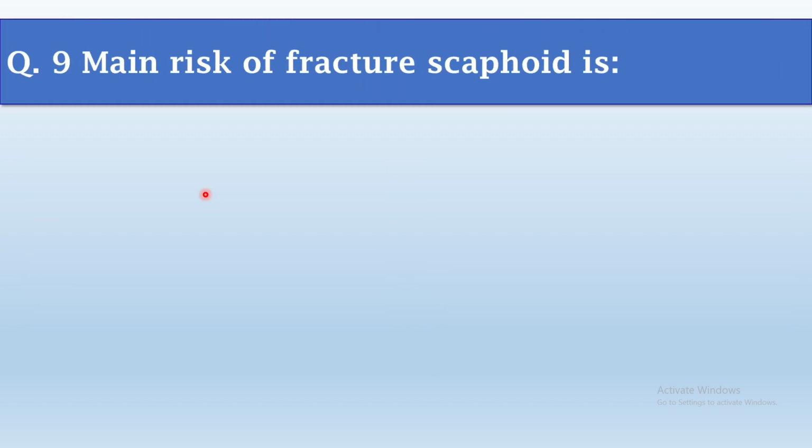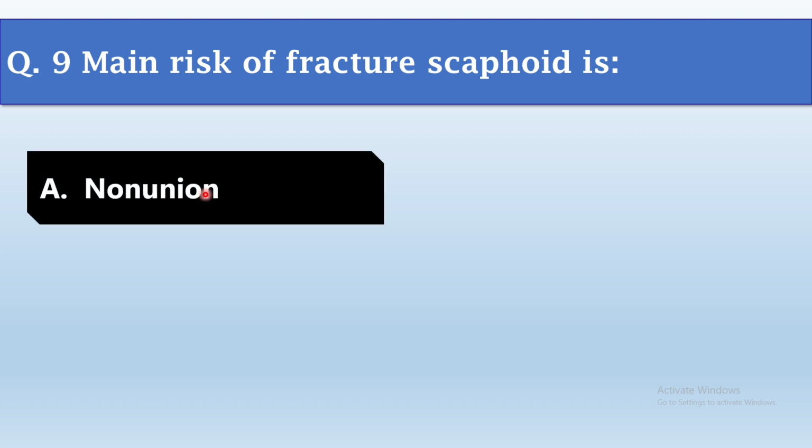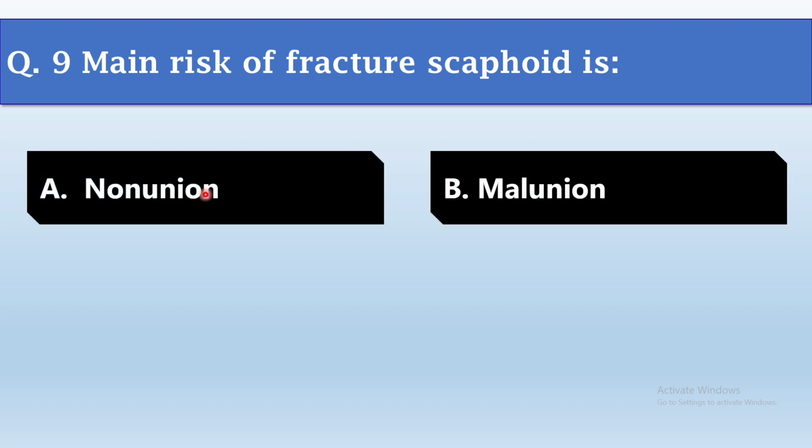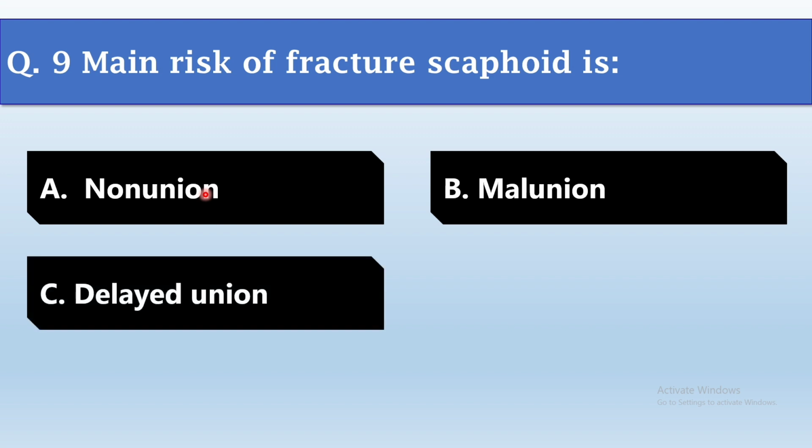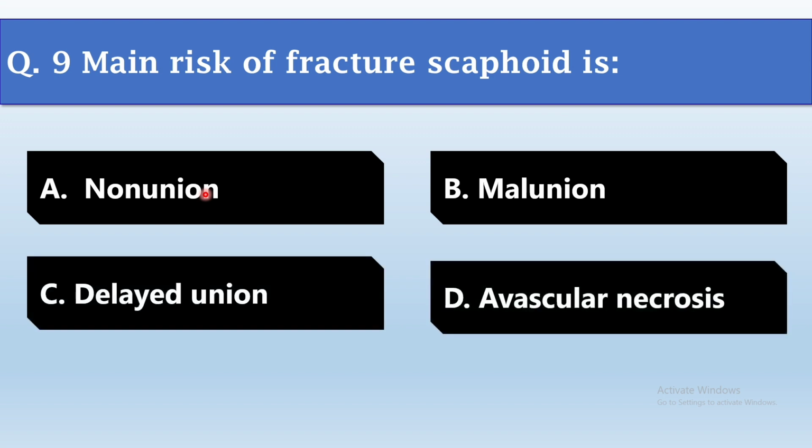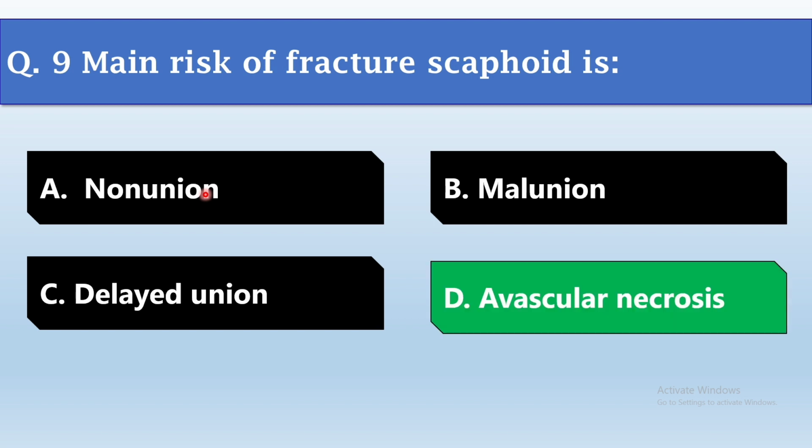Question number 9. The main risk of a fractured scaphoid is option A non-union, option B malunion, option C delayed union, and option D avascular necrosis. The answer is avascular necrosis.